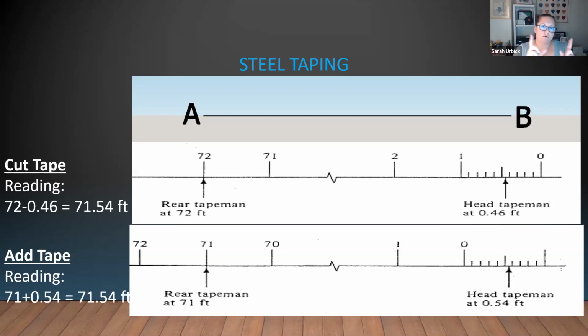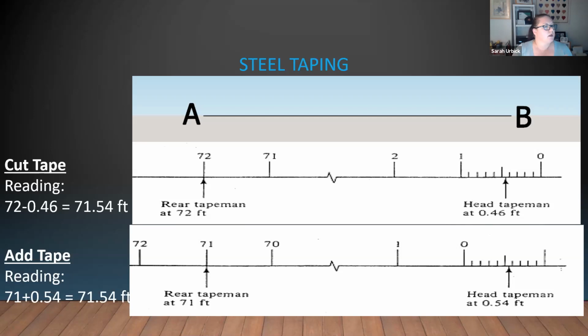There's always that little area at the head of the tape that has those calibrations on it, those finer details instead of whole foot increments. Then you'll see the more defined, bigger breakdowns that we're used to.